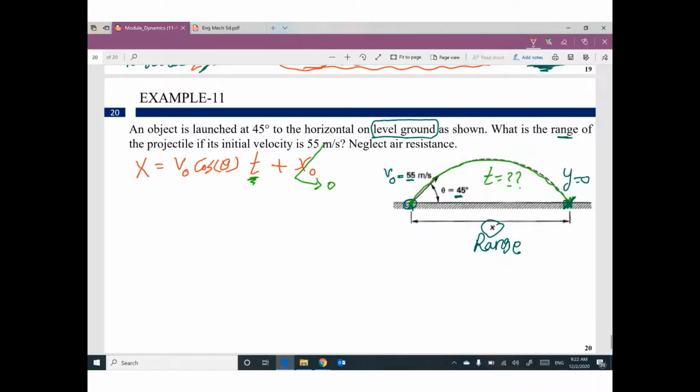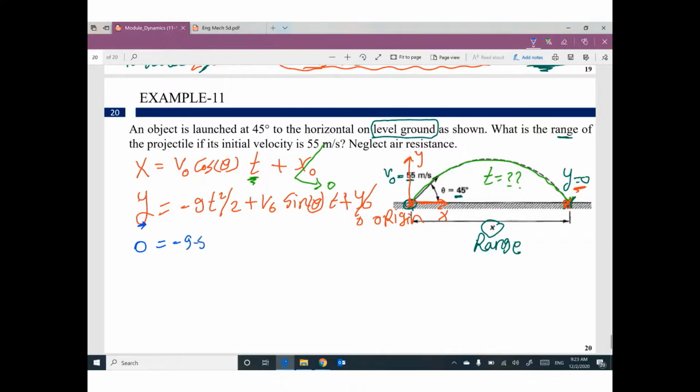The final destination is at y equals 0, if you assume your origin is here, x here and y here. So the final destination relative to this origin is y equals 0. We have an equation for y: negative g t squared divided by 2, plus v naught sine theta t, plus y naught. Y naught is 0. Y is 0 for the final destination.